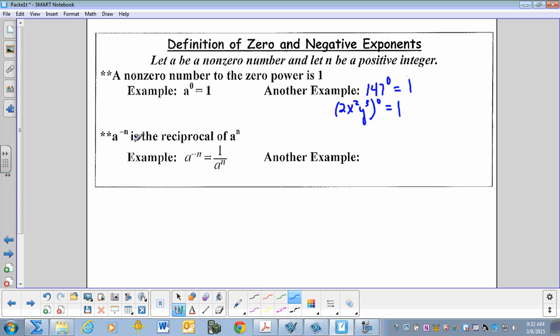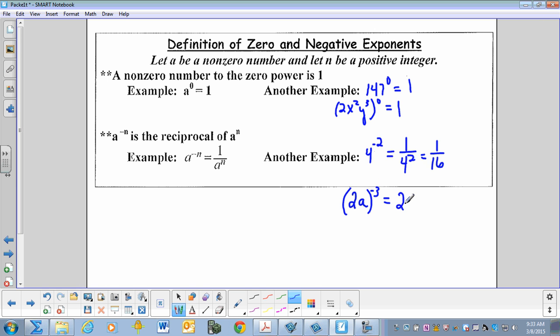A to the negative n is the reciprocal of a to the n. So a to the negative n is 1 over a to the n. So 4 to the negative 2 equals 1 over 4 squared, which is 1/16. 2a to the negative 3 equals, everything inside here gets multiplied to the negative 3 power.